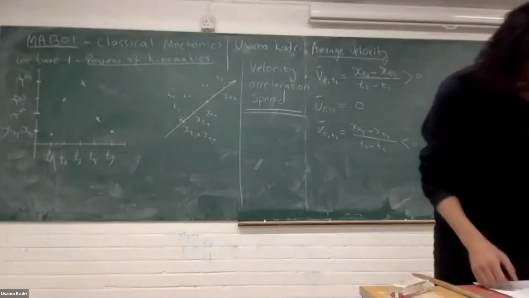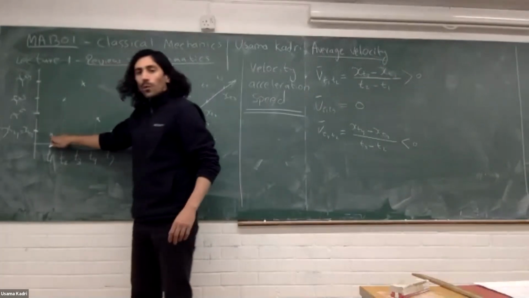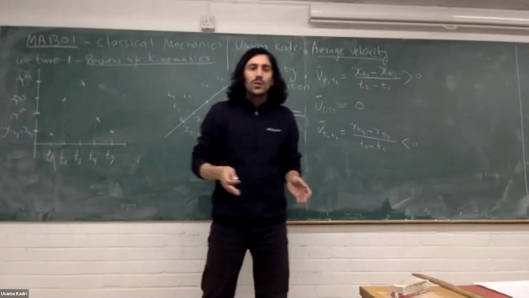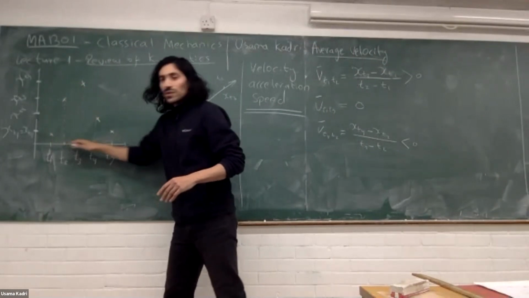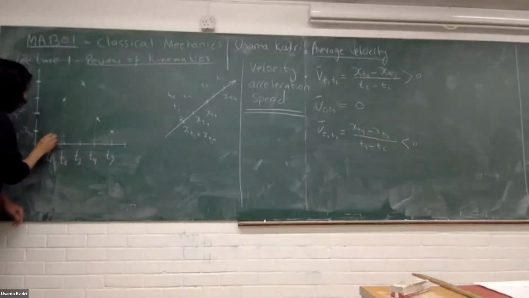Now let's look at the following. Assume that now I tell you not only where the object was at these discrete points, but I tell you where the object was at any point, at any time, where the object was in space.